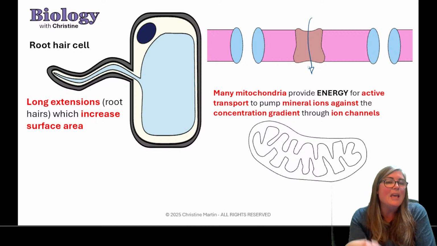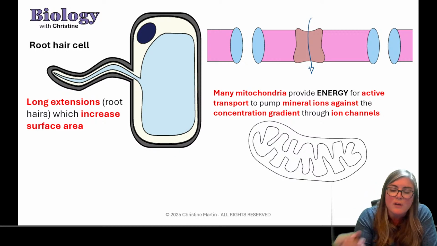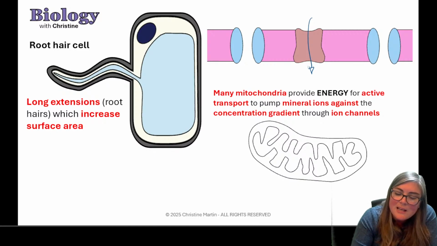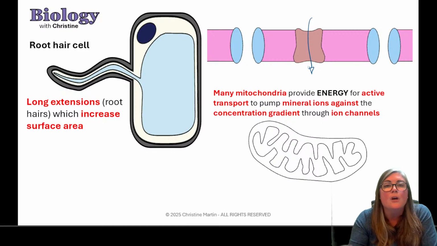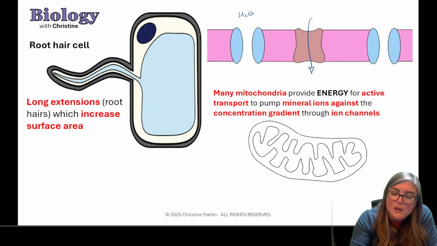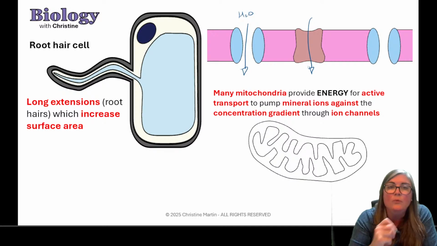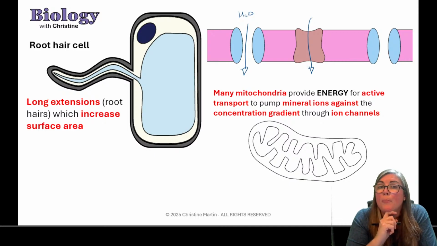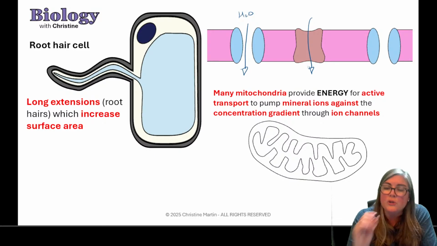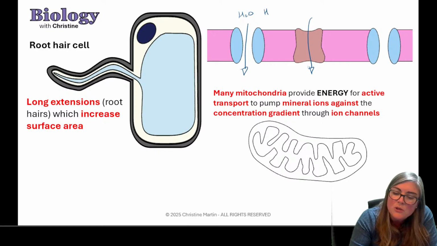And because they're moving into the cell against the concentration gradient, that's going to lower the water potential inside the cell. So water will move into the cell through the pores, moving down the water potential gradient from a high water potential to a lower water potential.